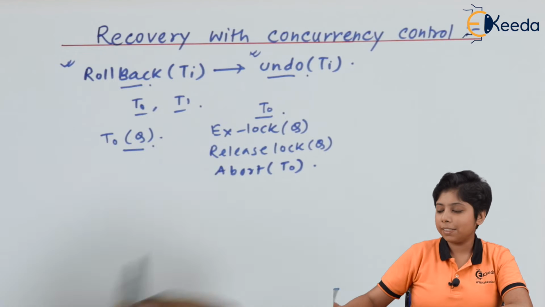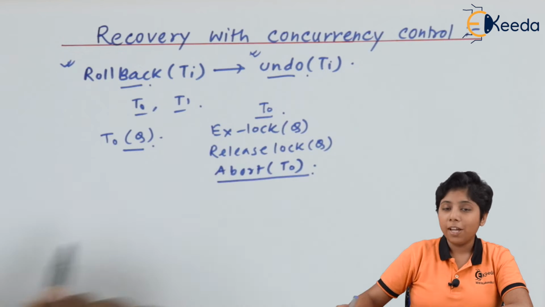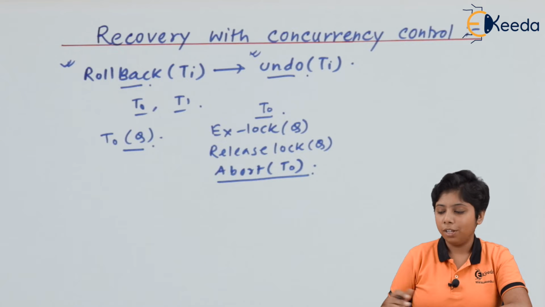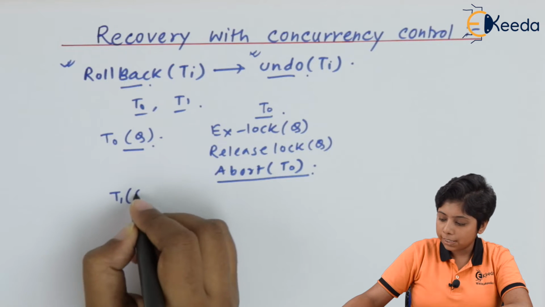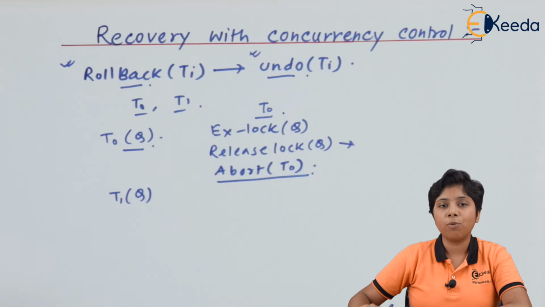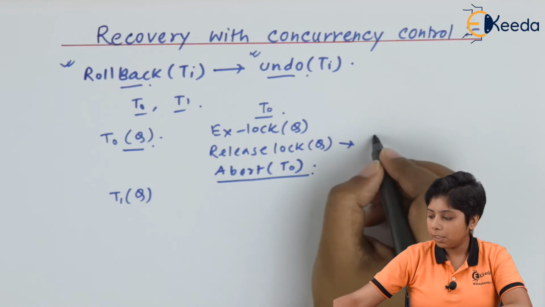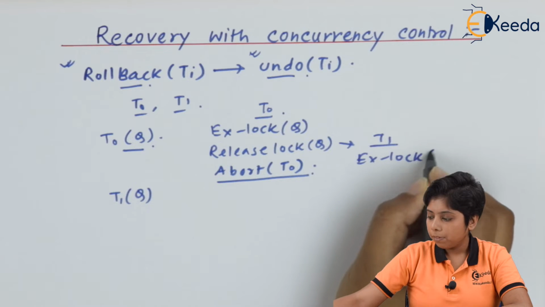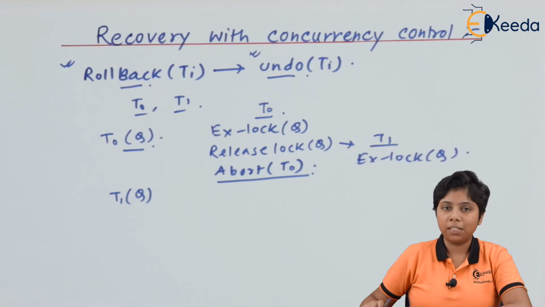Now what happens is that this abort of T0 is followed by a transaction T1 that wants to update the value of Q. That means T1 gets an exclusive lock on Q as soon as T0 releases the lock, to update the value.